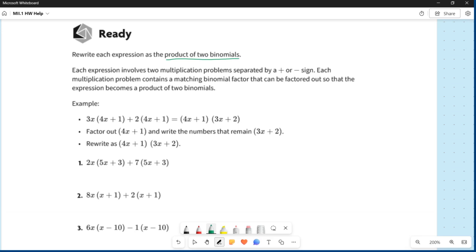Each expression involves two multiplication problems separated by a plus or minus sign. Each multiplication problem contains a matching binomial factor that can be factored out so that the expression becomes, once again, a product of two binomials.